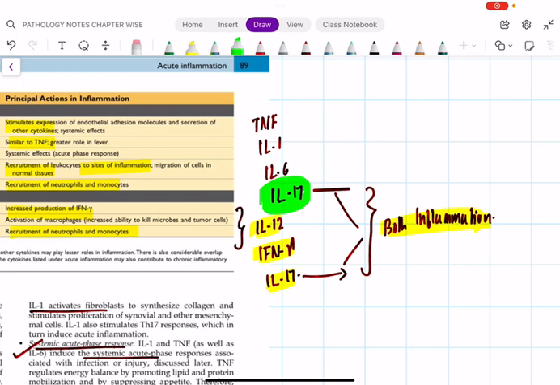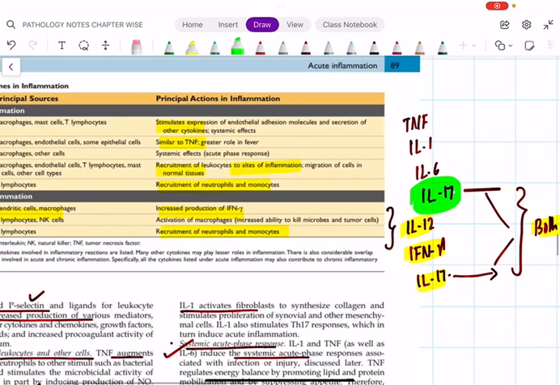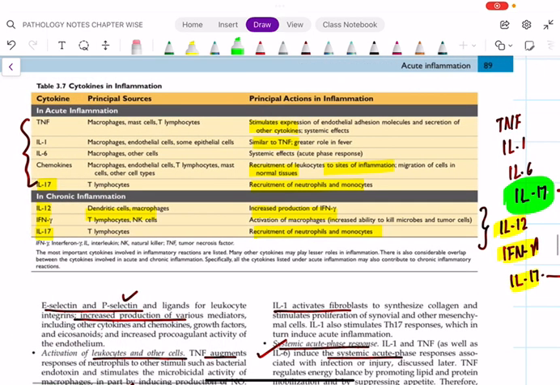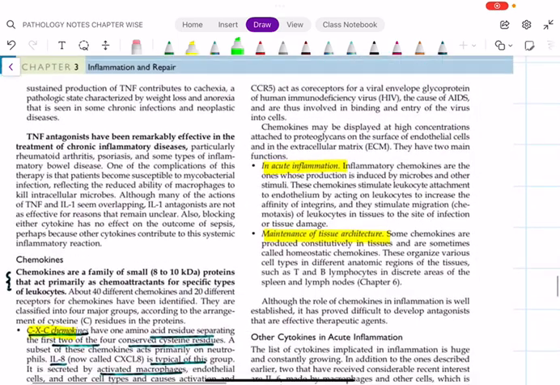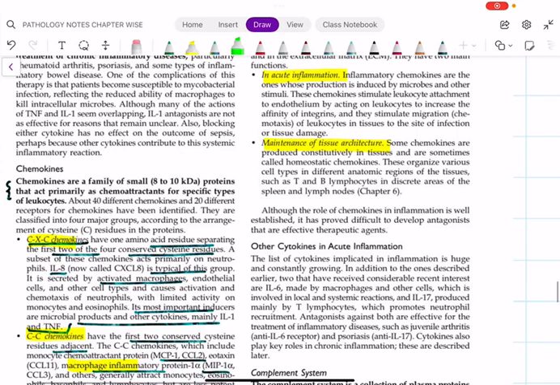Interleukin 17 is one of the interleukins which takes part in both acute as well as chronic inflammation. We will deal with this in detail. Interferon gamma and these are produced mainly by macrophages. Don't worry, once we come to that topic, we will discuss what activated macrophages are, what classical macrophages are, everything. Fine? Yes.